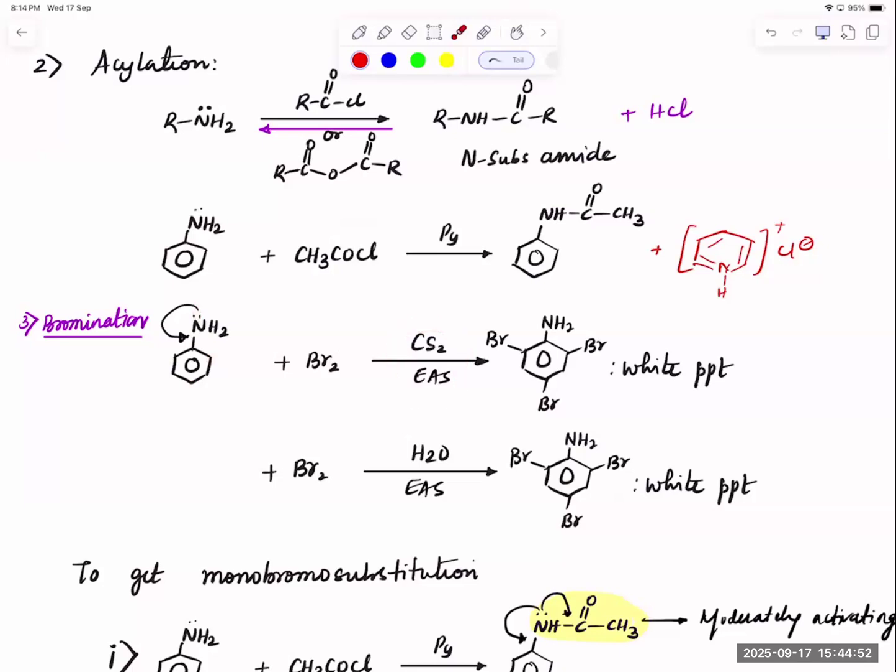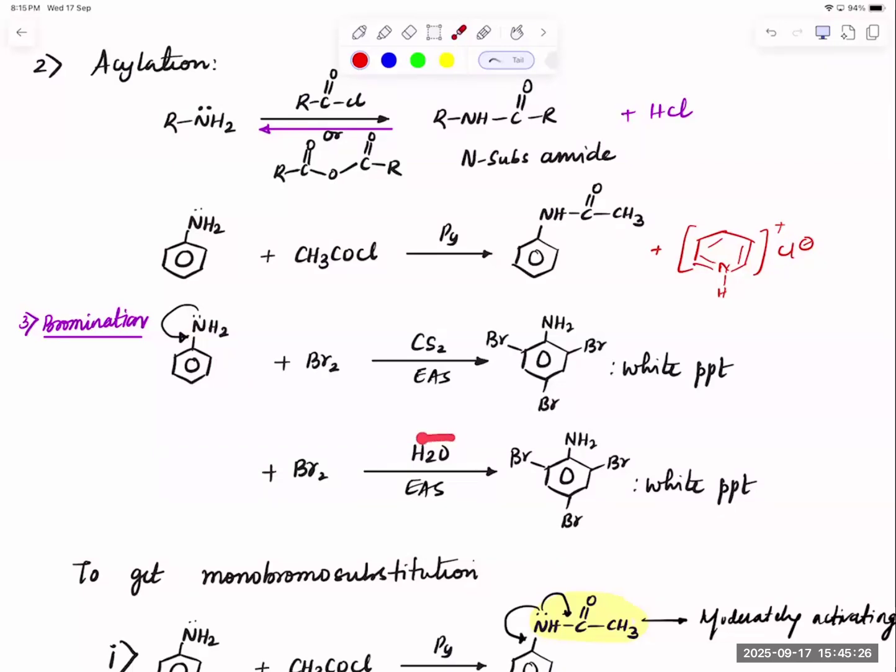If you are taking CS2, a non-polar solvent, NH2 is a very strongly donating group, so it will activate the benzene ring very strongly, specifically at the ortho and para positions. From the ortho position it can attack bromine, and because it is highly activated, it can attack simultaneously: first on this ortho, then on this para, then on this ortho. So it can happen on all three positions.